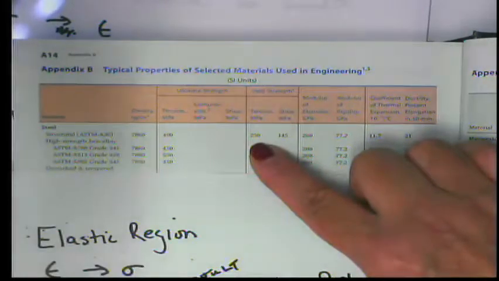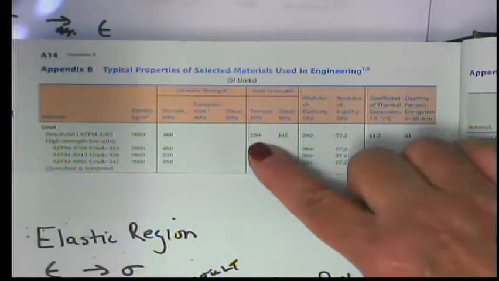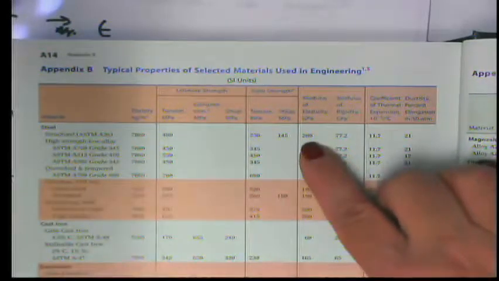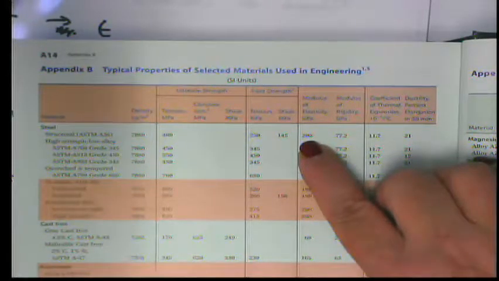Here's the modulus of elasticity, which is E. That's the value of E. That is 200 gigapascals, or 200 times 10 to the 9th pascals.